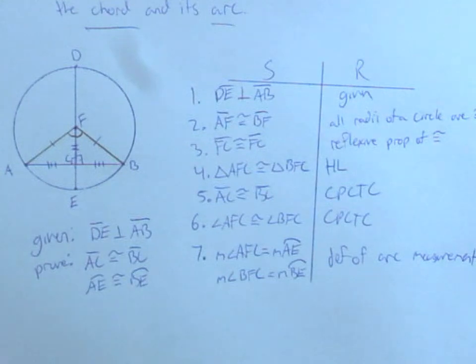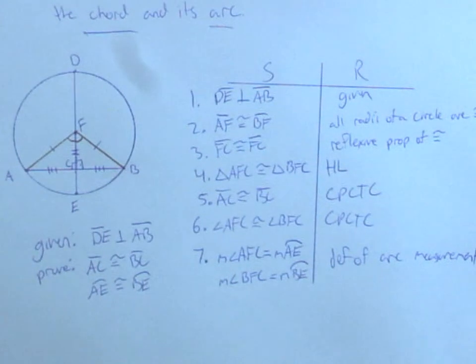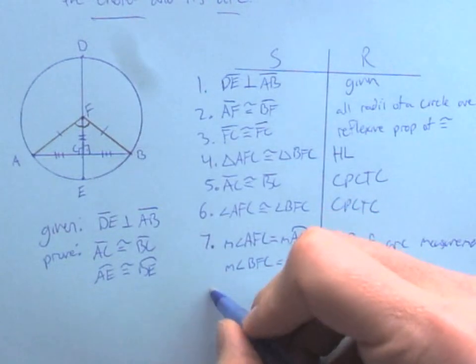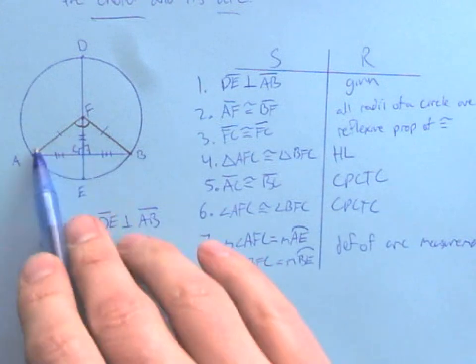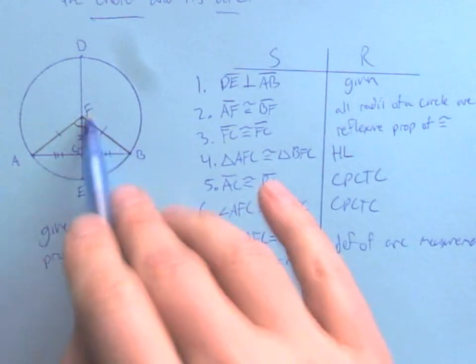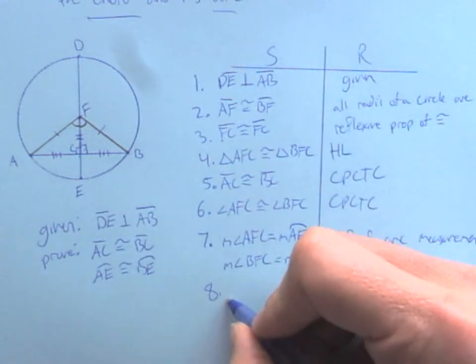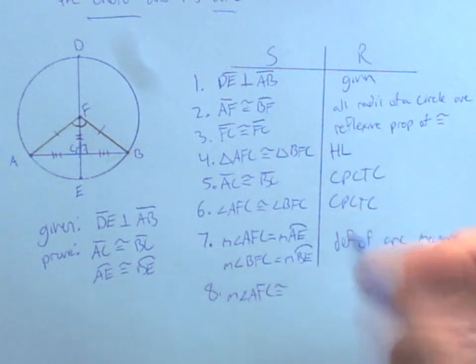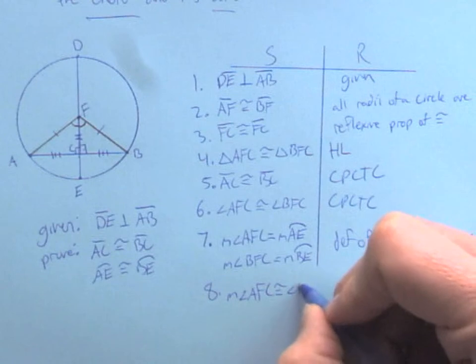So we're pretty much almost there. I neglected one line here that we need, and we can add that now. We know these angles, AFC and BFC, are congruent, which means their measurements are the same. This is more of a technicality than a super important concept.